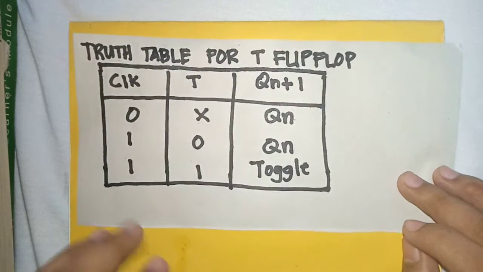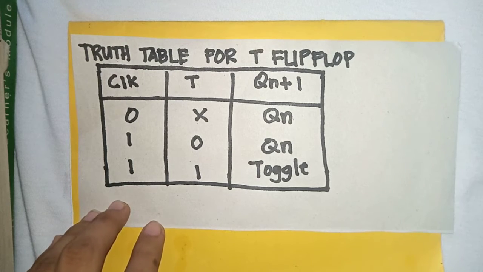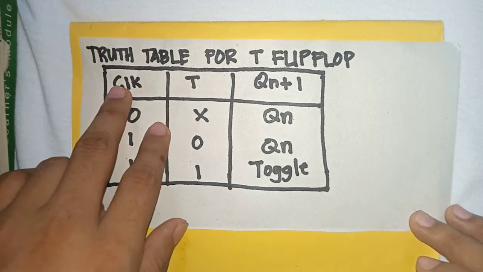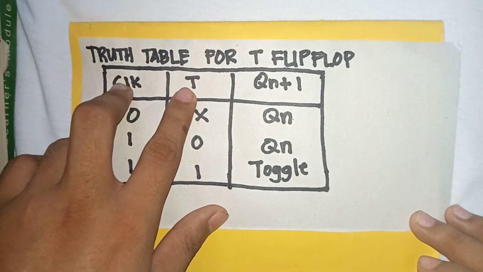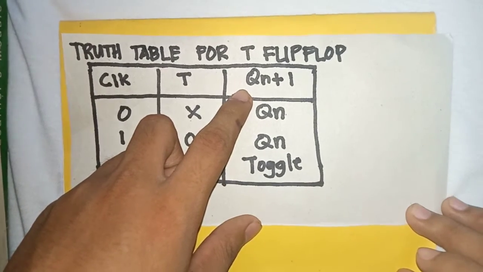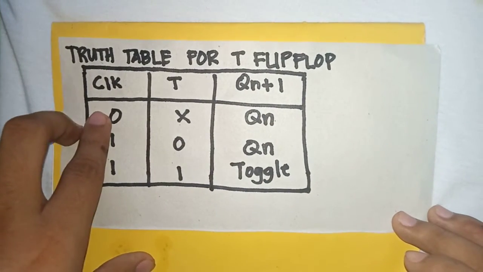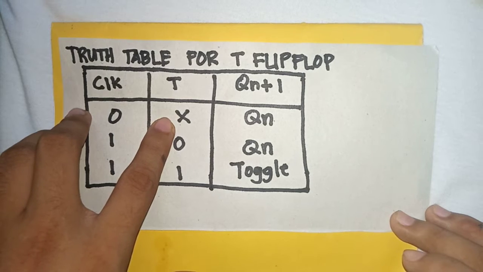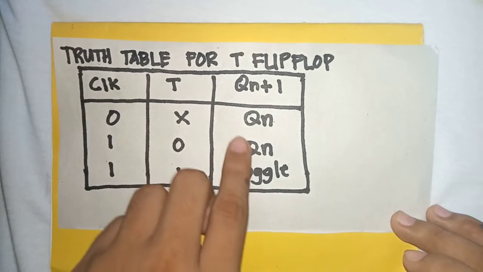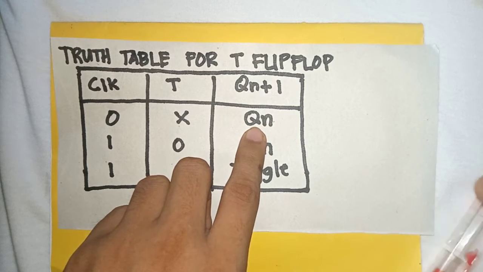We're going to focus on this truth table for the T flip-flop. We have here the clock, the toggle or trigger input, and the next state output denoted as Qn plus 1. When the clock is 0, the toggle is a don't care state, so the next state output is the present state.